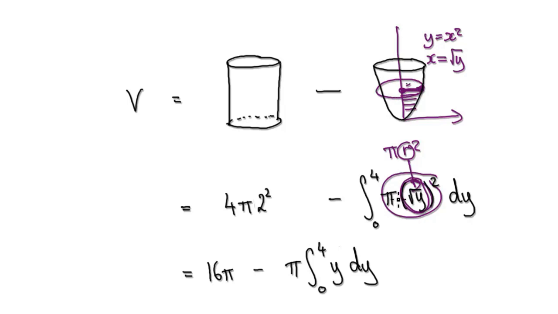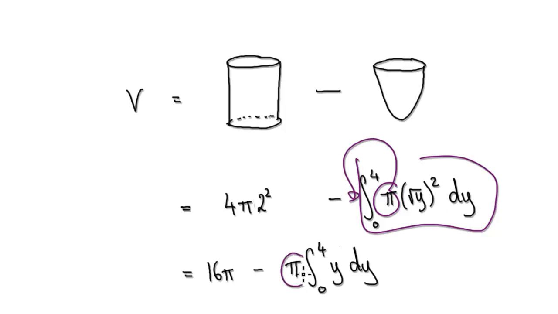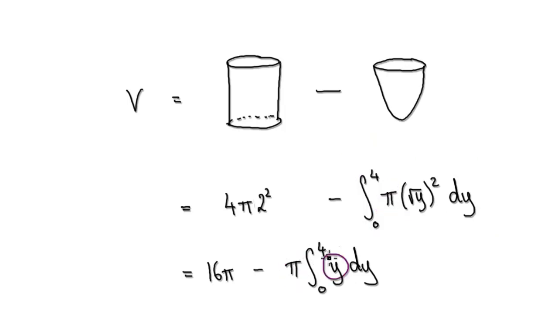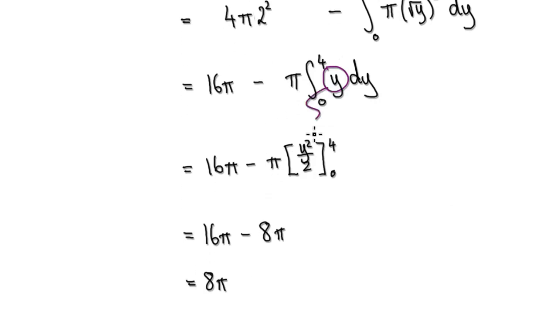So that would be pi r squared from a height of 0 to a height of 4, and then dy. This whole thing, a constant, take it out. Integrate the y, and that gives you this. We've done this many times before. It also gives you 8 pi. Okay, so the volume is 8 pi.